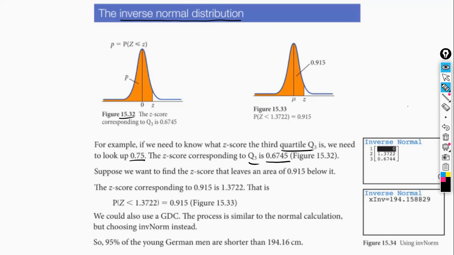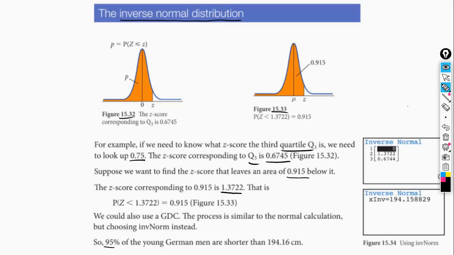Now suppose we want to find the z-score that leaves an area of 0.915 below it. The z-score corresponding to 0.915 is 1.3722. We can see that in figure 15.33. Now let's suppose that we want to find the height of 95% of the young German men between ages 18 and 19.